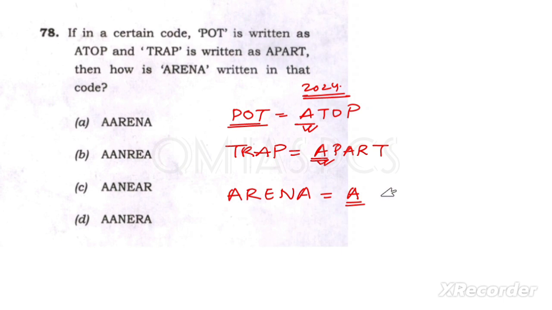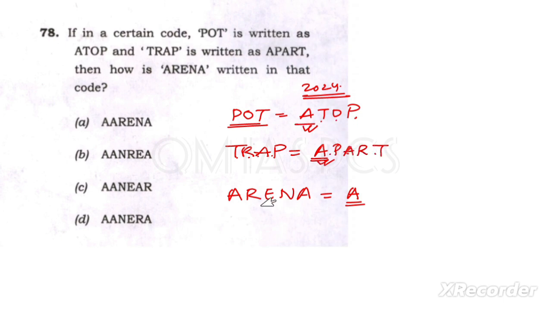Now POT, you can see the order is reversed. And TRAP, the order is reversed. So here we can say arena.